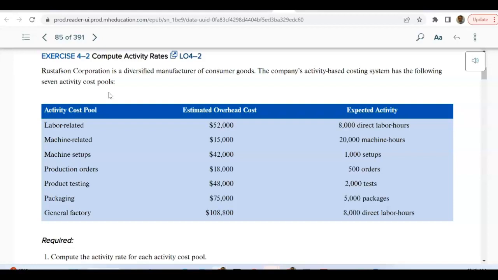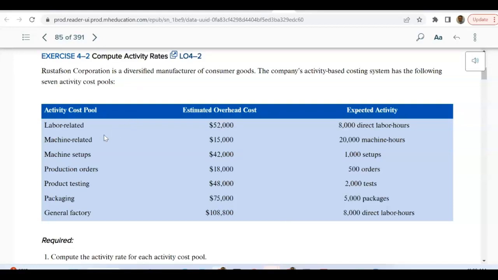That will normally happen if you have non-homogeneous products. If your products are mostly homogeneous, then the ABC system is not going to help you that much. You waste time and energy finding all that information, but it's not going to change much. But if your products are not the same type, then the ABC system might be very useful.